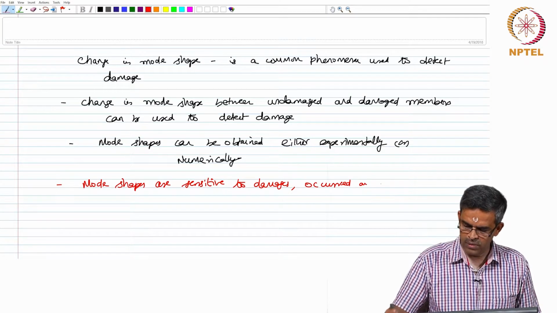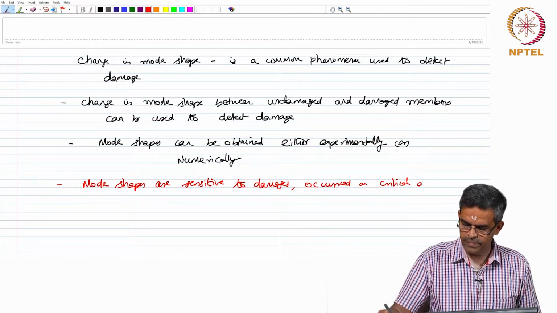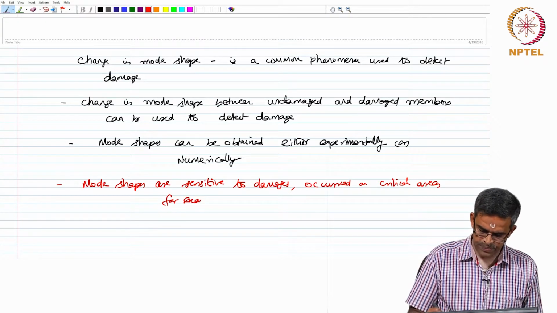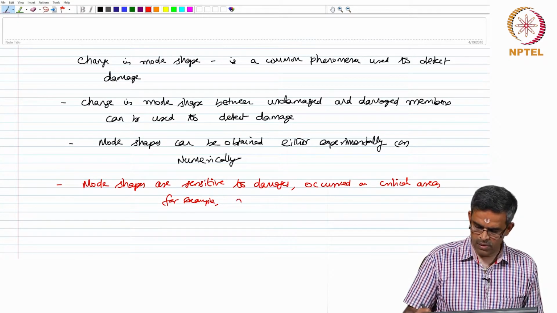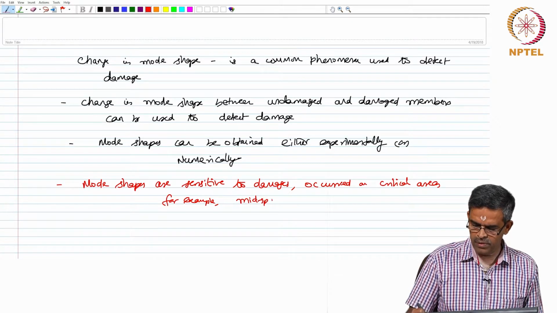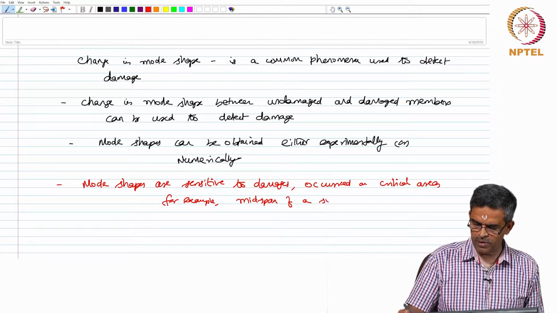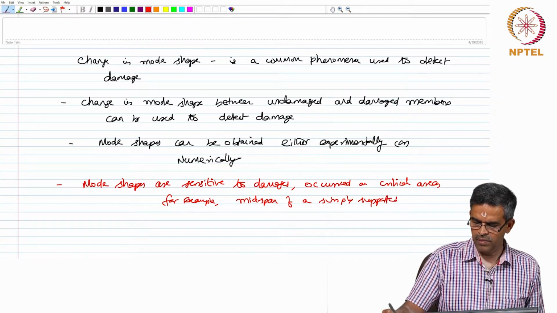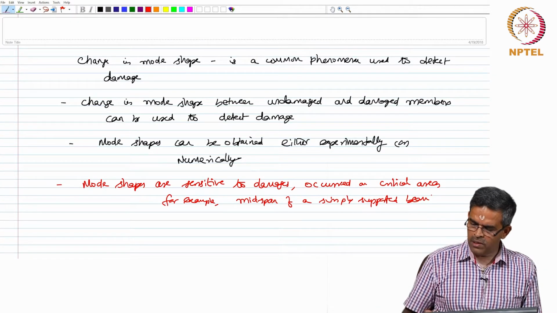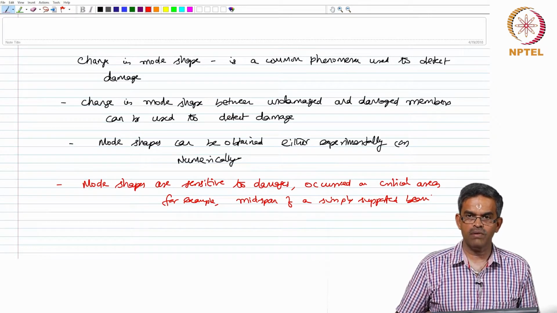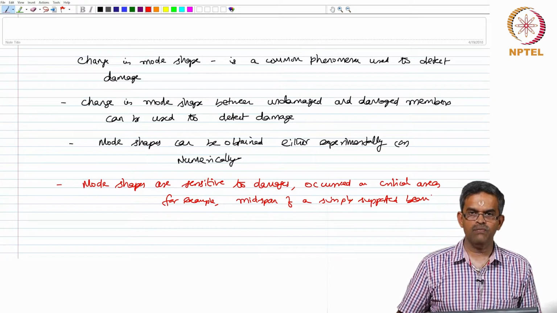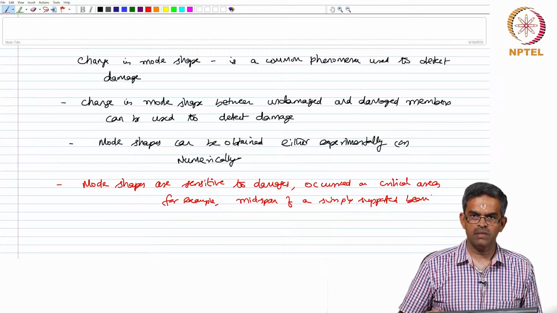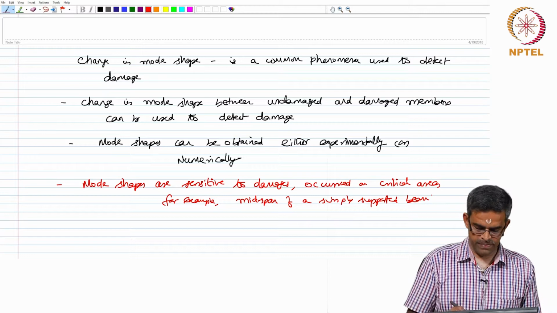occurred on critical areas. That is, say for example, midspan of a simply supported beam. So, damages occurred at other locations in a given member may not influence the change in mode shape between the damaged and undamaged conditions.